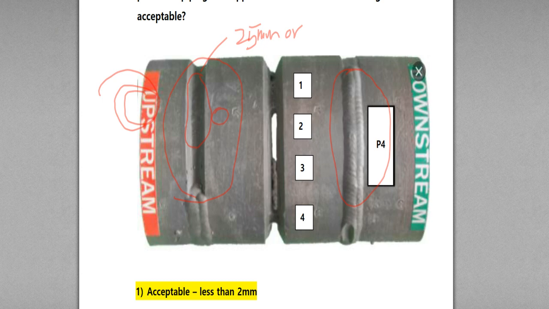Let's say the thickness of the pipe is 100 mm, and the depth of the repair area is over 25 mm, or 25%, which is again 25 mm. So you choose the lesser of these two. If the depth of the repaired area is over 25 millimeters, what kind of inspection do you need to do?